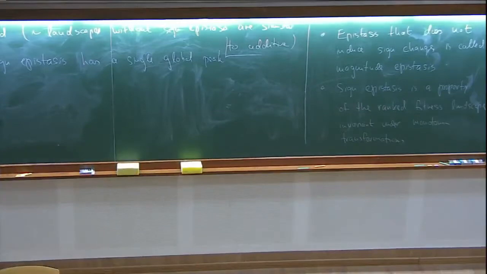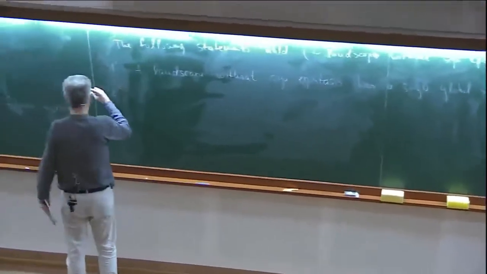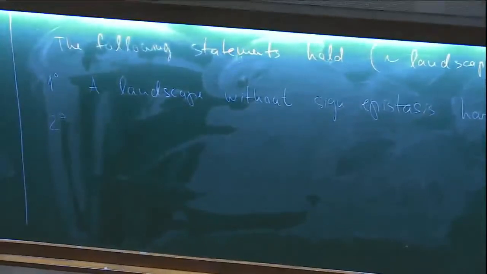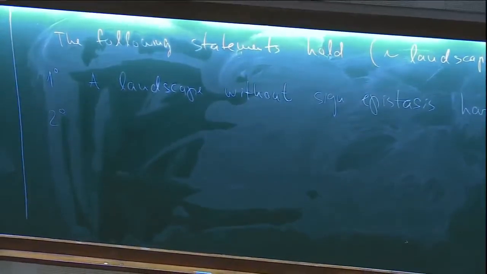The second statement is about the selectively accessible paths. Again, on an additive landscape, if you're not at the peak, then you will have a certain fraction of loci which are not in their good state. You mutate them into the good state and then reach the peak, and in every step the fitness will go up. So on an additive landscape, all the direct paths from anywhere to the peak are accessible.